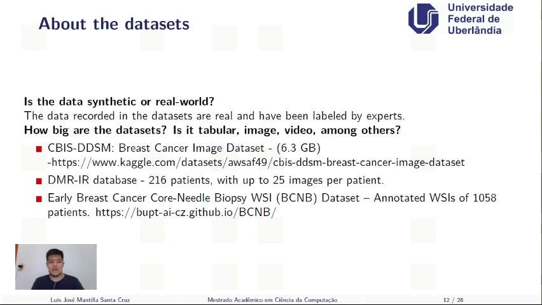And the early breast cancer core-needle biopsy WSI dataset, an interesting dataset, has around 1,058 images from different patients. As we can see, we have a lot of data in each database.